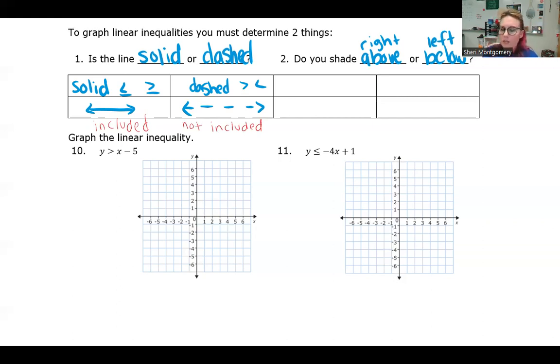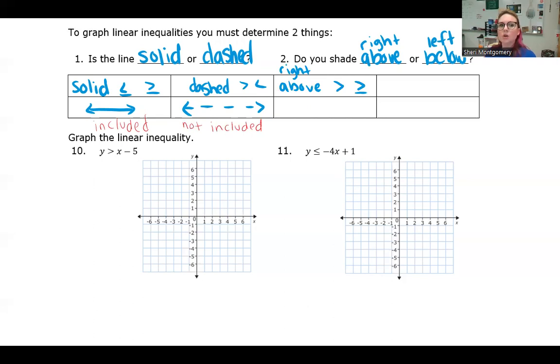So the next two columns, we're going to talk about that shading. Where do you shade? So if you are shading above or to the right, it's because you had a greater than or a greater than or equal to symbol.